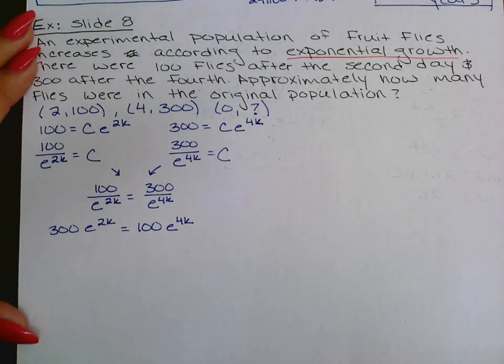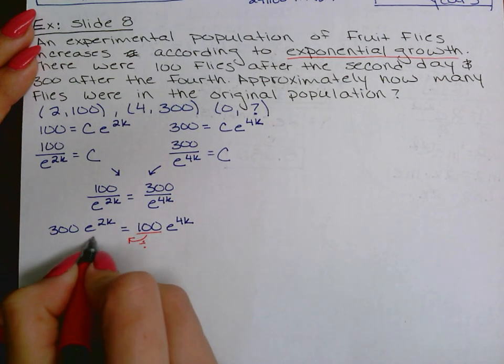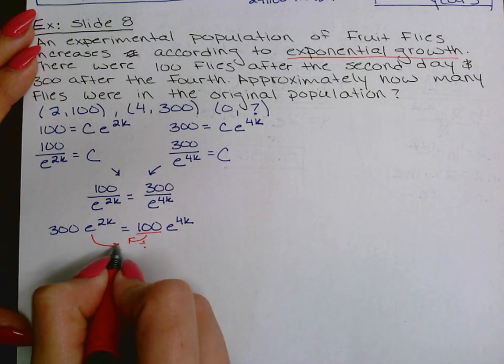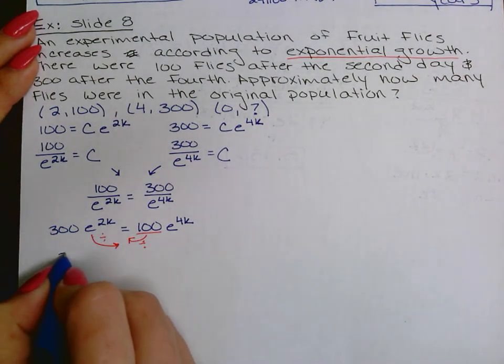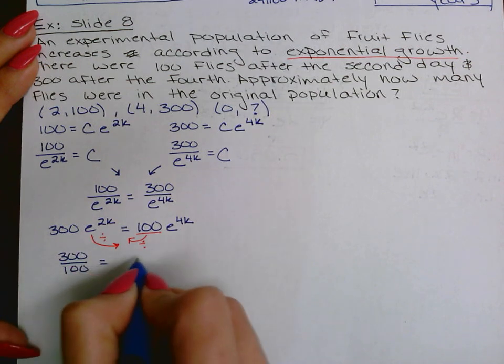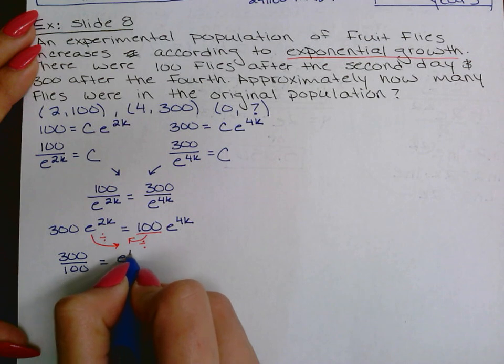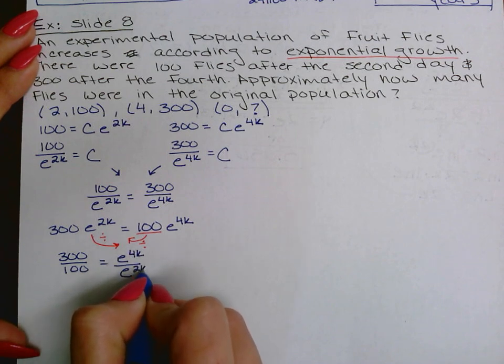Get the numbers on one side and the e's on the other. So I'm going to divide this 100 over to that side, and then this e, I'm going to divide over to that side. So I have 300 over 100 equals e to 4k over e to 2k.